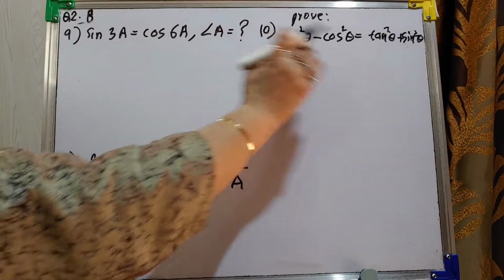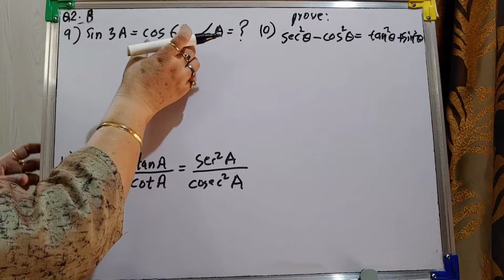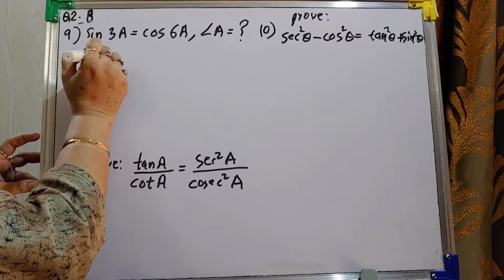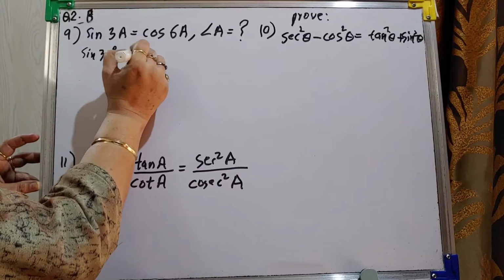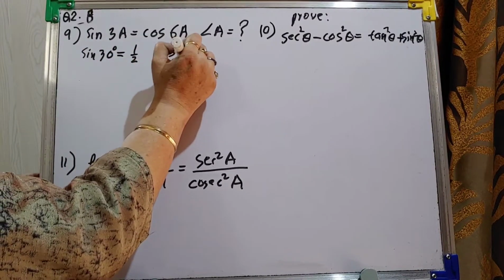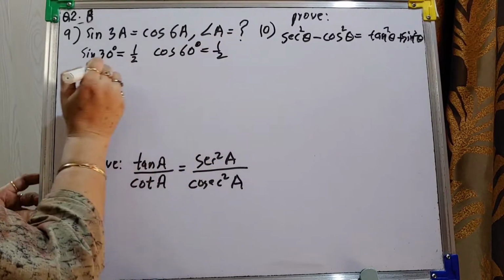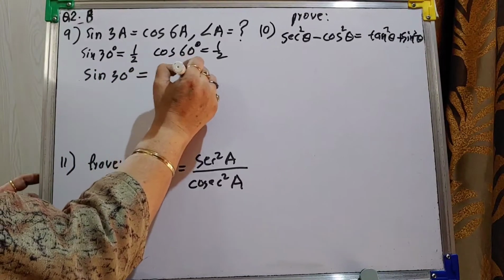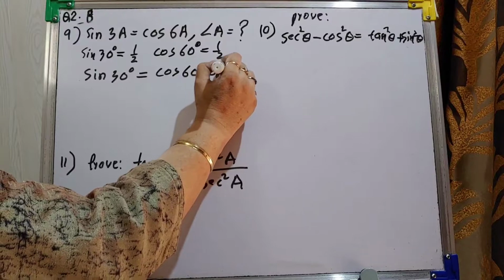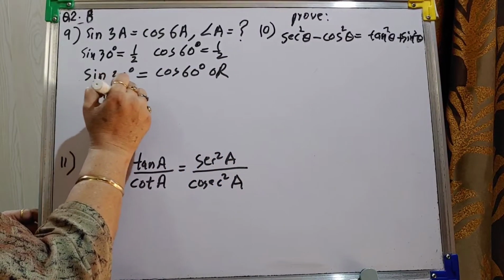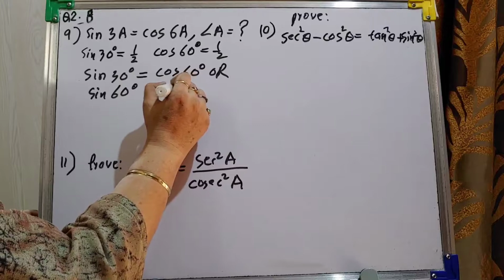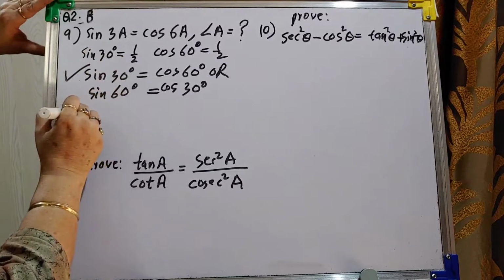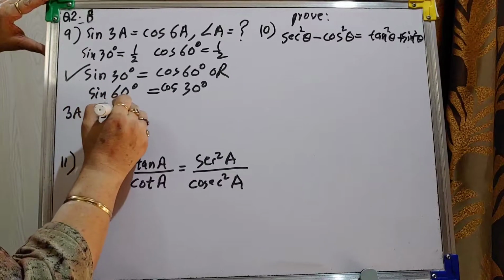Now students, 3 sums I have written. See, sin 3A equal to cos 6A. So you know value of sine 30 degree is half and cos 60 degree is half. It means sine 30 degree will be equals to cos 60 degree, or sine 60 degree will be equals to cos 30 degree. If I am considering this, then my 3A will be 30 degree.